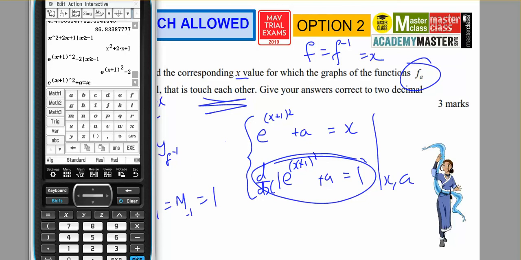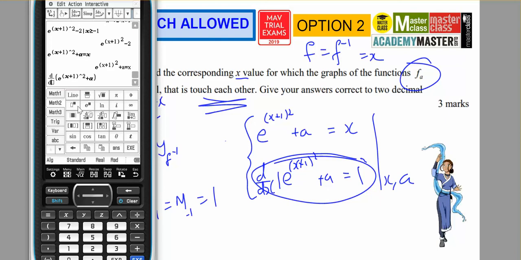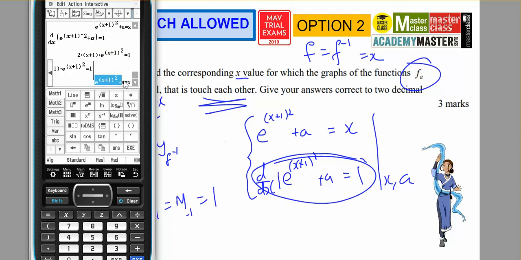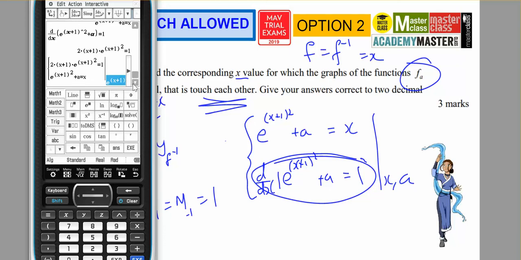That's equation number 1. And if I take this and I take its derivative with respect to x and make it equal 1, that's equation number 2. And if I open up simultaneous equations, I take equation 1 and equation 2, and I solve that for a and x.